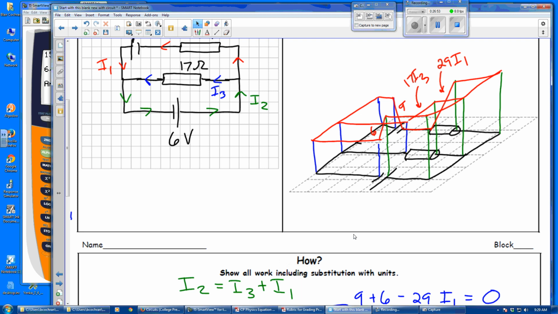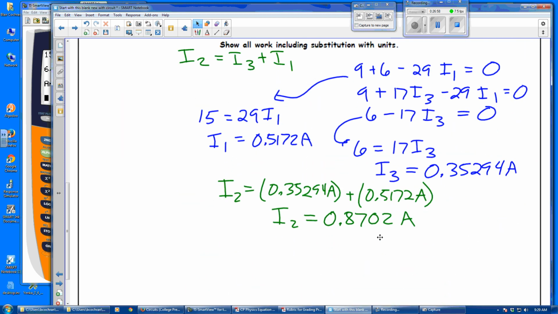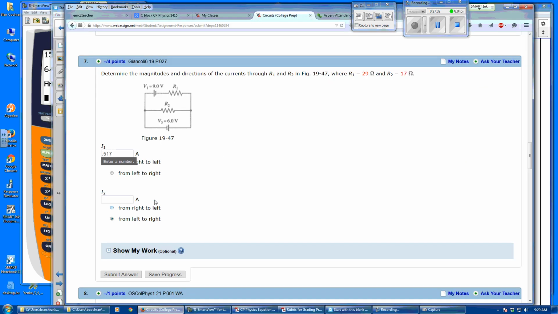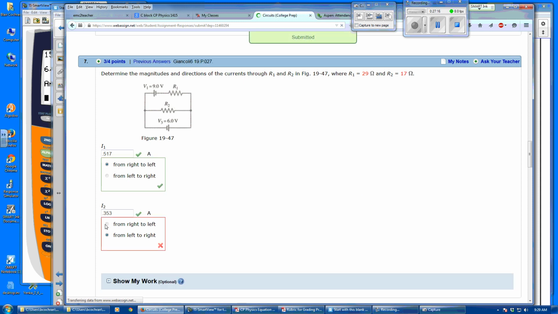And then my I3 is their I2, so 0.353. See if I got this right. Oh, that's right, I had to reverse that one, didn't I?